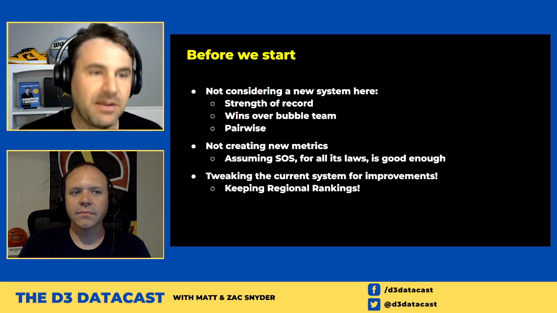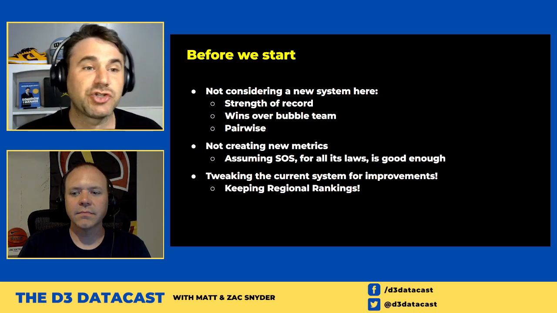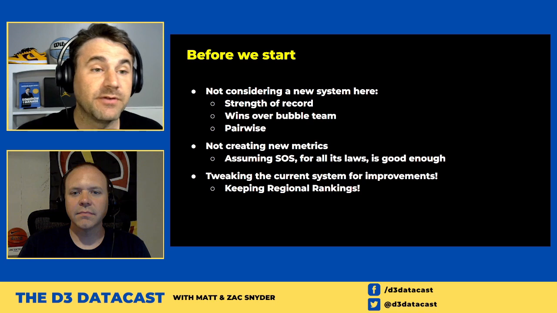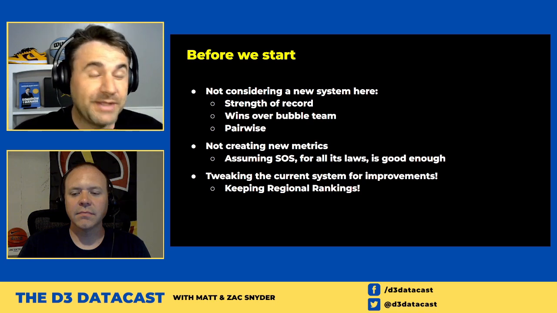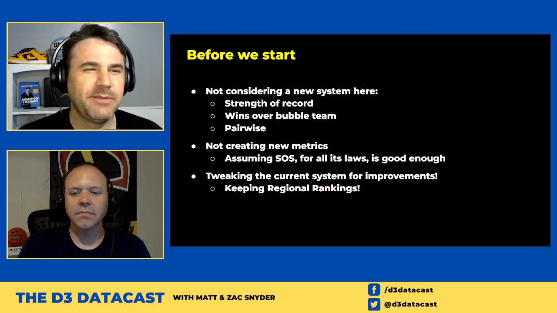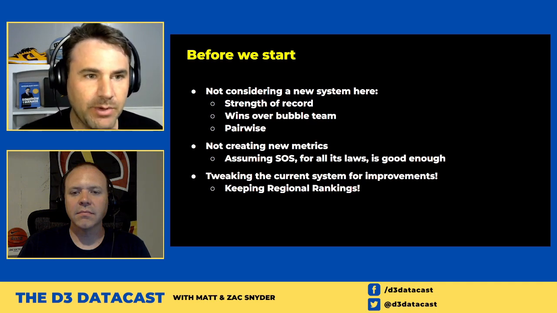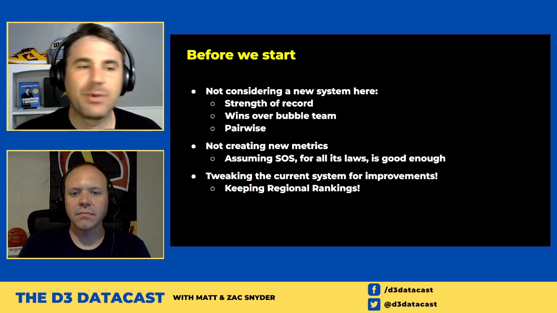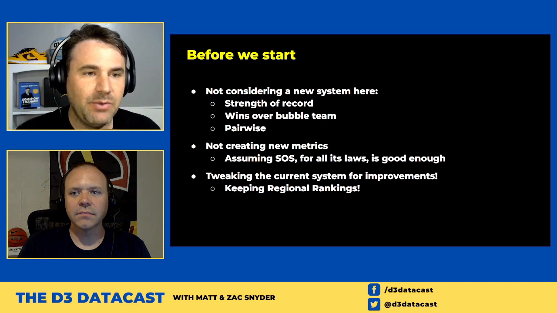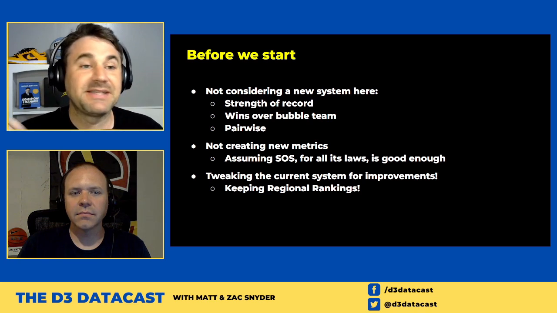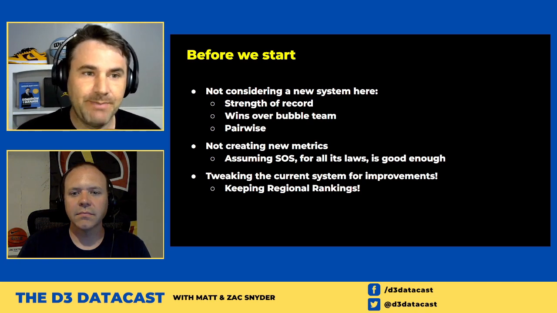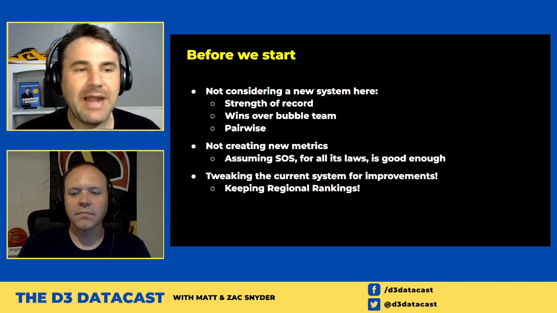That's going to be a different conversation than this one, but like a strength of record type of formula, or a wins over bubble teams type formula, maybe a little bit more of a black-boxy type calculation. We're not going to add that in today. That's going to be a little bit more complicated. That's a separate discussion. And we're not going to talk about maybe a pairwise system that tries to take these and match them up in a computer system. That's a different conversation. We're going to maybe tweak these criteria pieces, but not consider a blow up. And we're not creating new metrics.